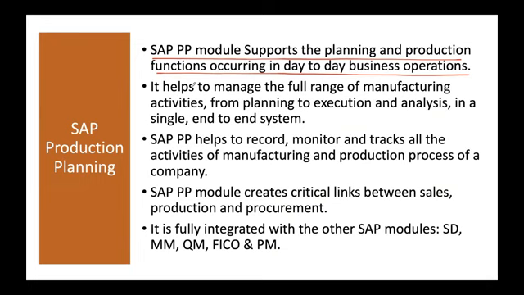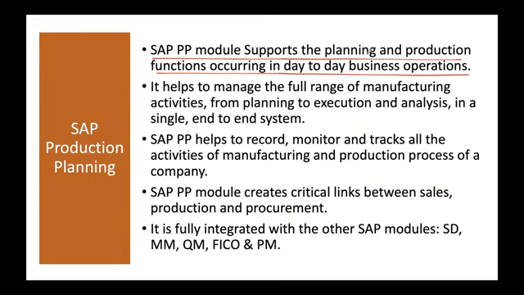In any typical manufacturing company, before starting production you need to do planning: how much quantity we need to produce, and to produce that quantity, what input materials are required and in what quantity. All that planning has to be done.